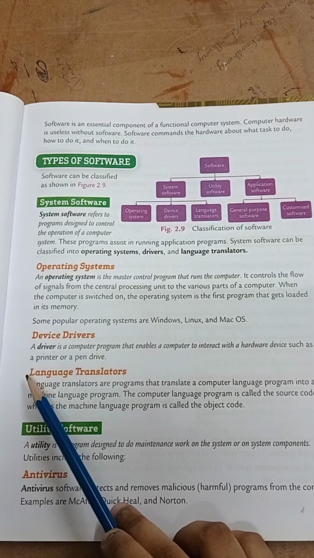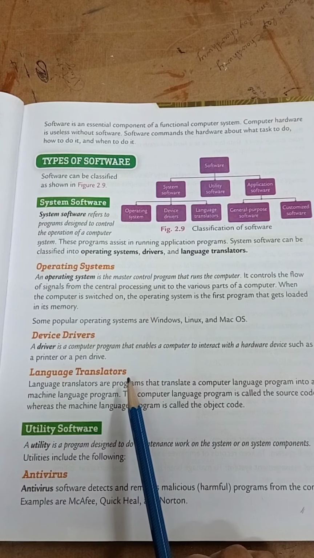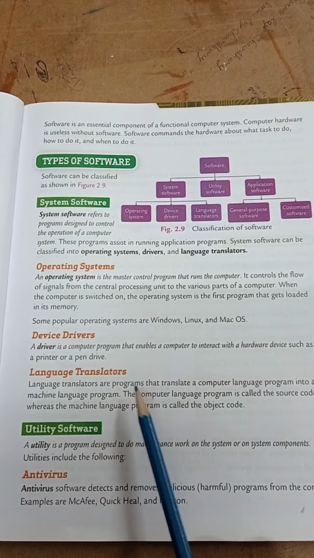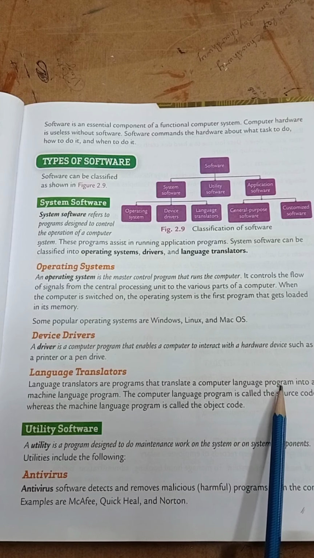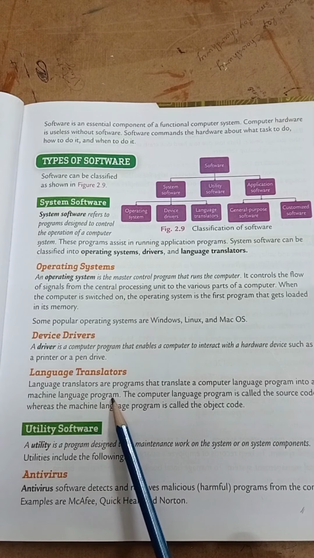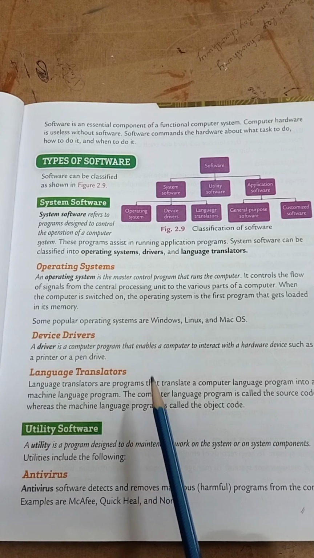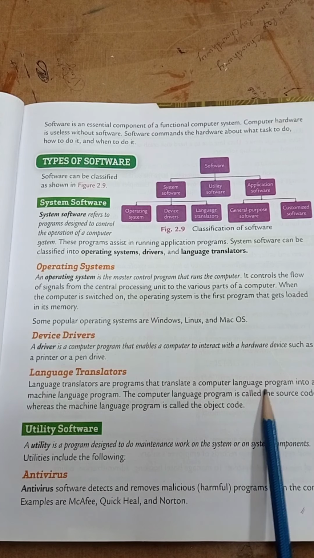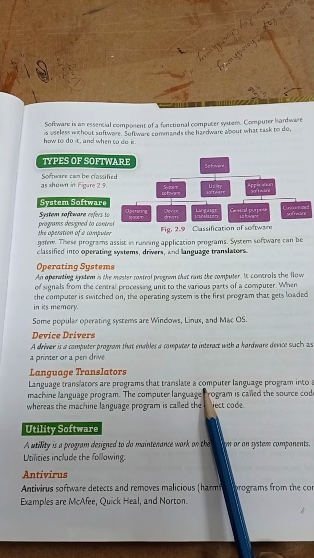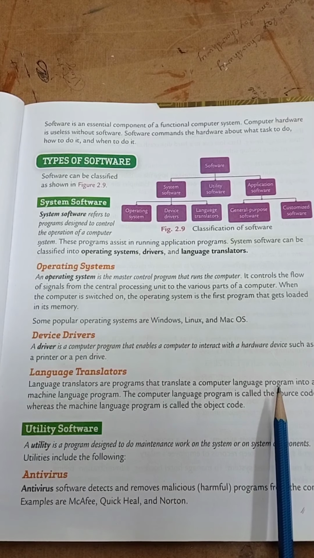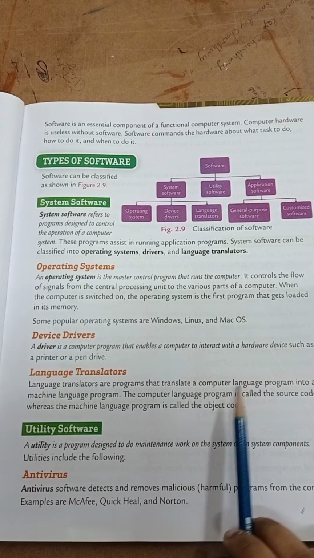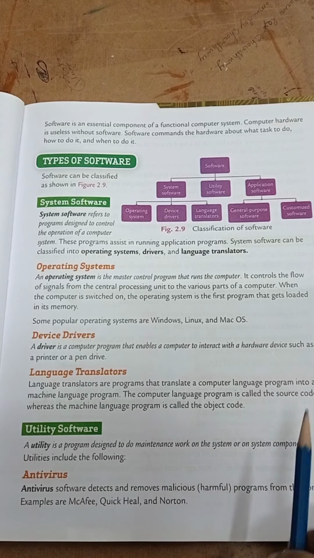Next is language translator. Language translators are programs that translate a computer language program into a machine language program. So here computer language programs means programs written in the English language with the help of English alphabets and numbers.